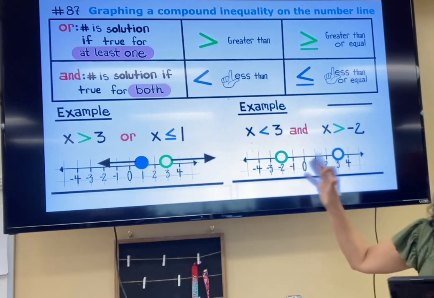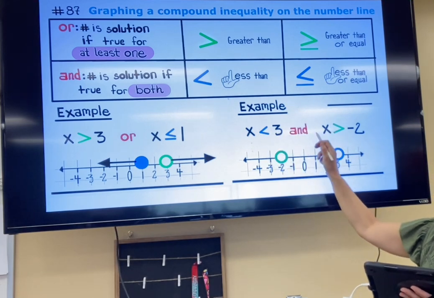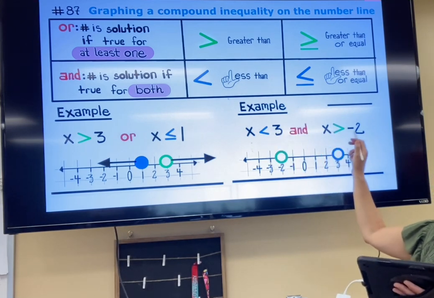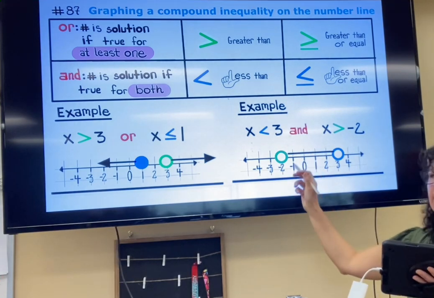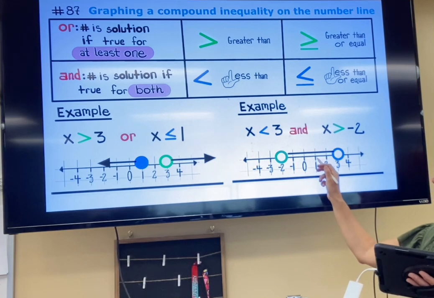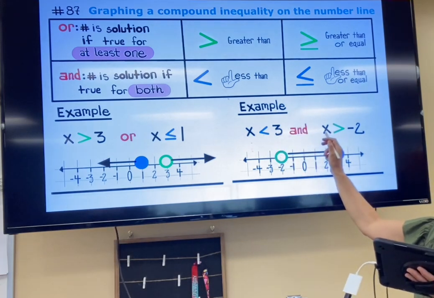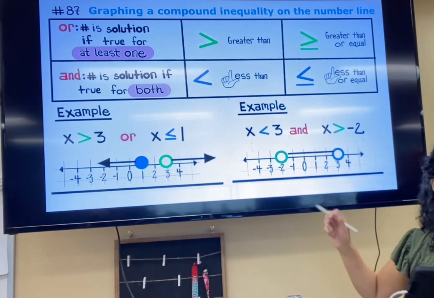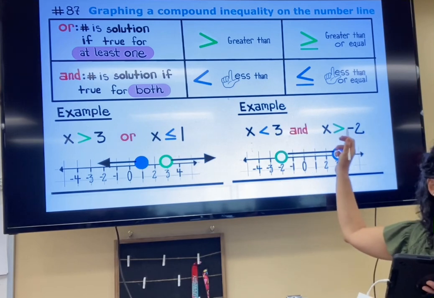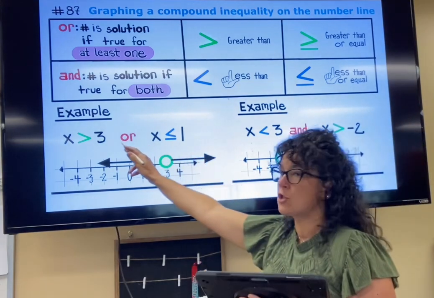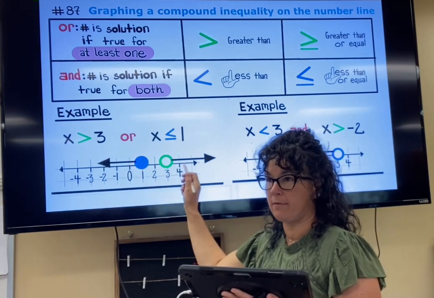Now numbers that are both, because of the word and, smaller than 3 and bigger than -2 are the numbers in between. For example, the number 1 is smaller than 3 and 1 is bigger than -2. The word and means the number is a solution if it works in both. When it's an or solution, the number is a solution if it works in at least one of them.